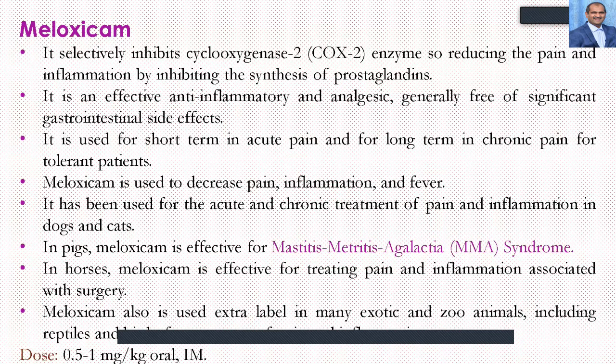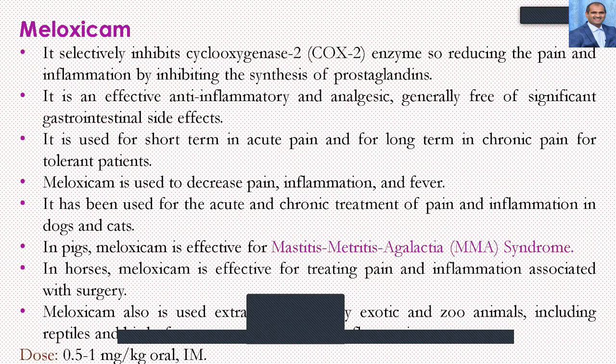It is a preferential cyclooxygenase 2 enzyme inhibitor and reduces pain and inflammation by inhibiting the synthesis of PGs or prostaglandins. It is a very effective anti-inflammatory analgesic, generally free of gastrointestinal side effects when compared to other NSAIDs. Of course, it is approved for use in veterinary practice and also in food producing animals.